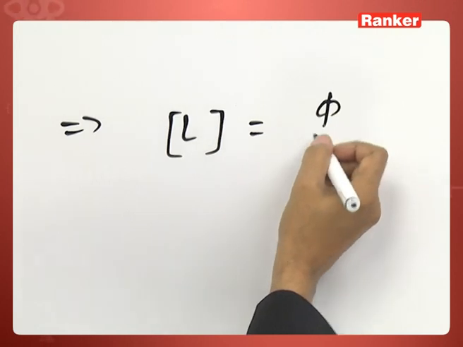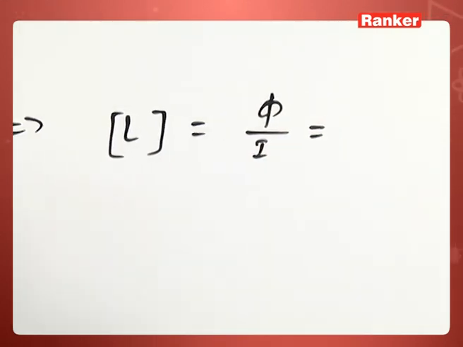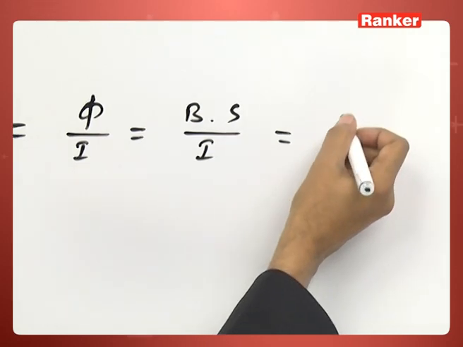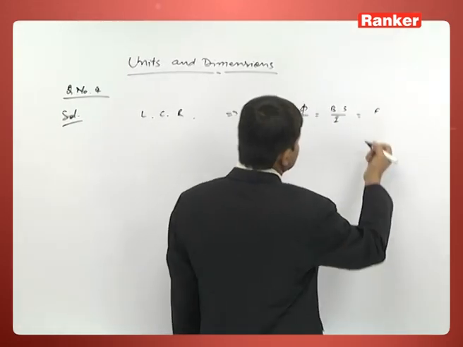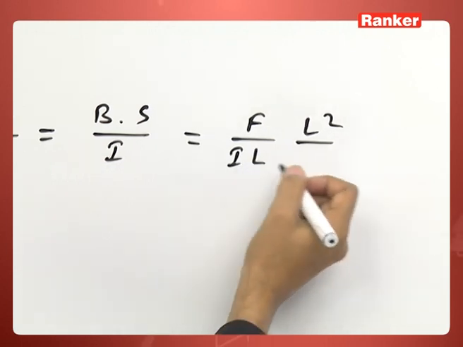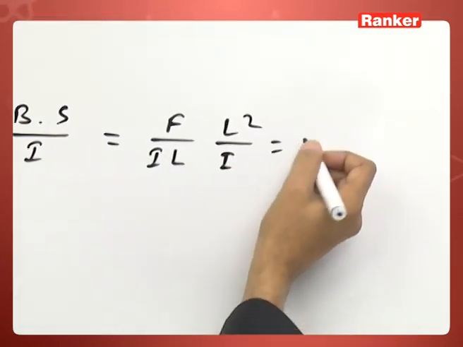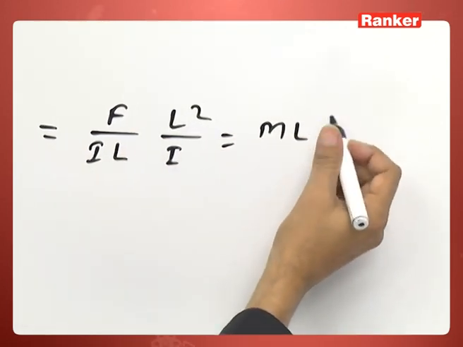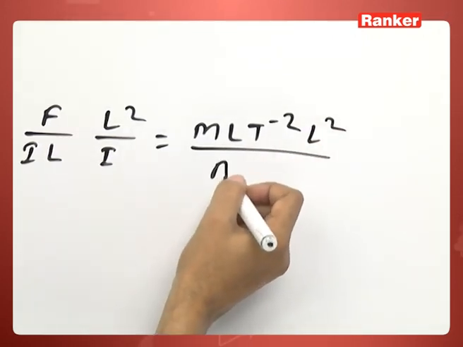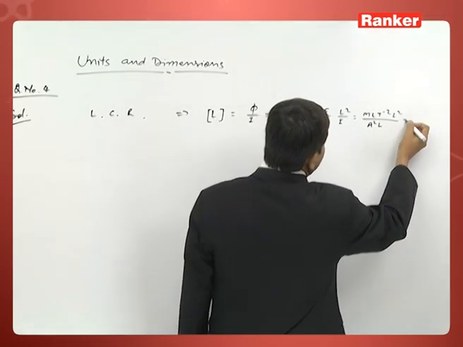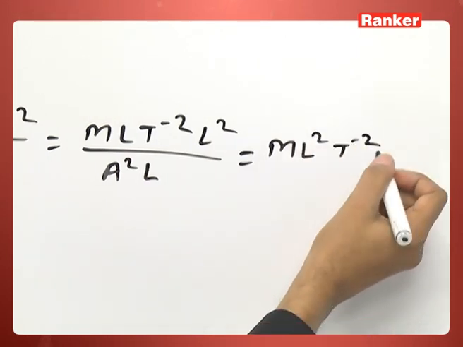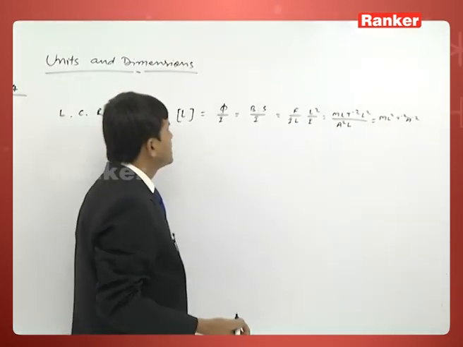So flux by I, and that flux we can write as magnetic field into area by I. Magnetic field is further written as F by I L, into L square by I. F we can further write as M L T minus 2, L square by A square L. Simplifying this, we can write M L square T minus 2 A minus 2. So this is the dimension of L.